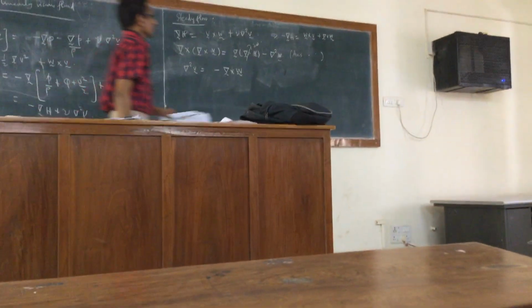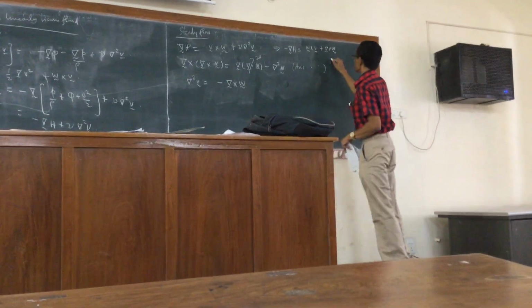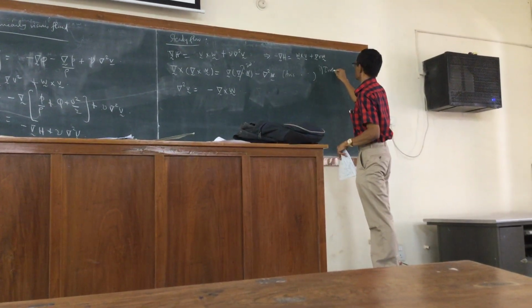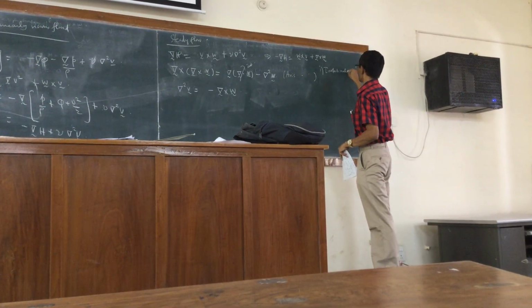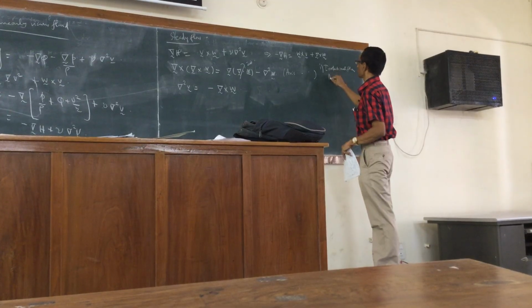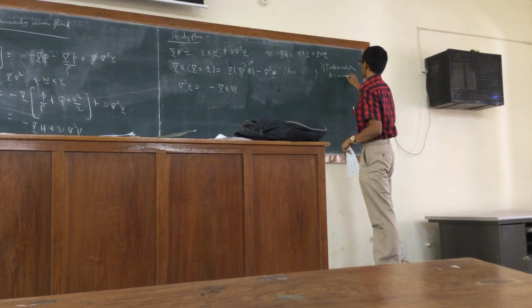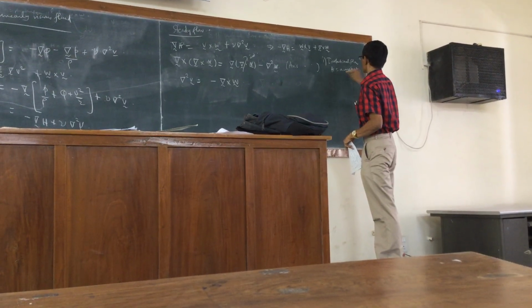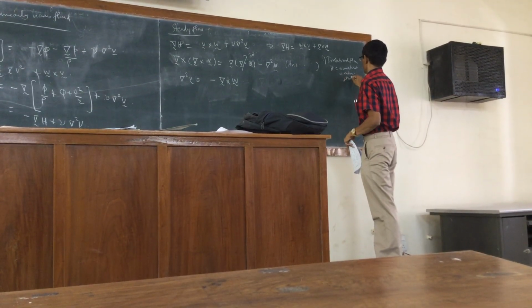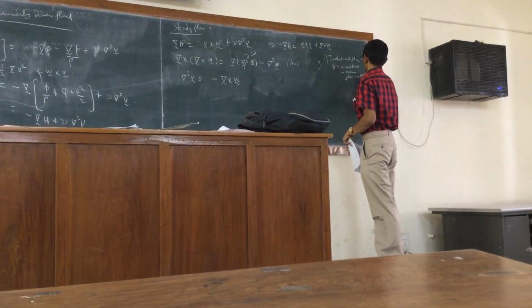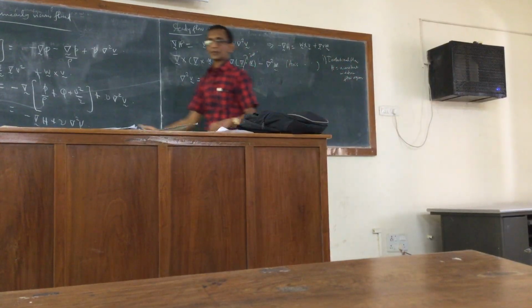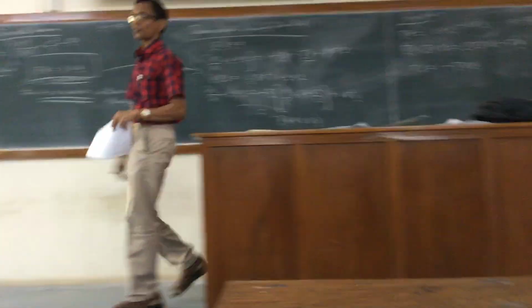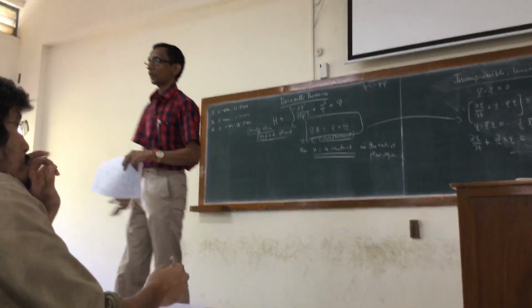Now clearly, if I consider further an irrotational flow, clearly h is equal to a constant in the entire flow region, because W is identically 0 for irrotational flow, and so the gradient of h is 0.